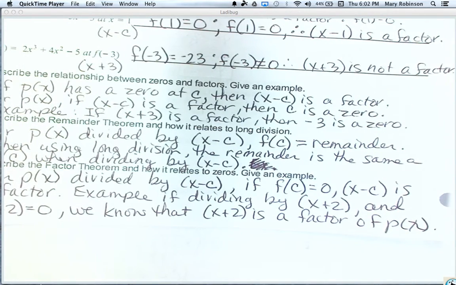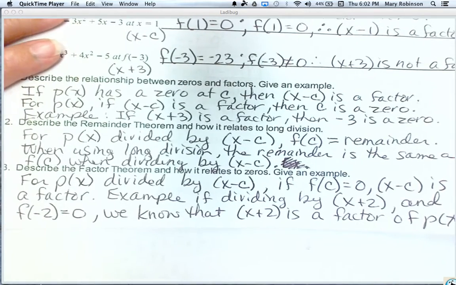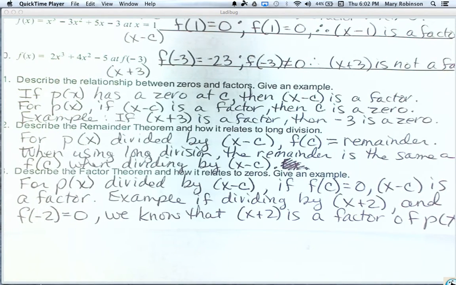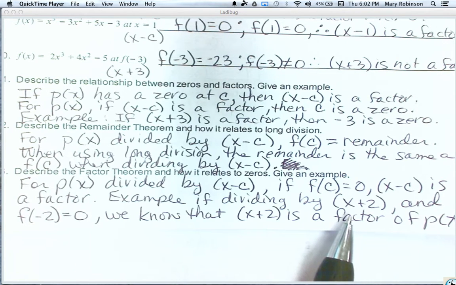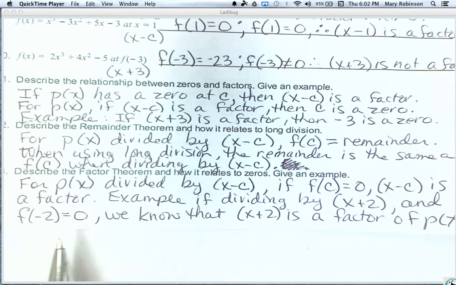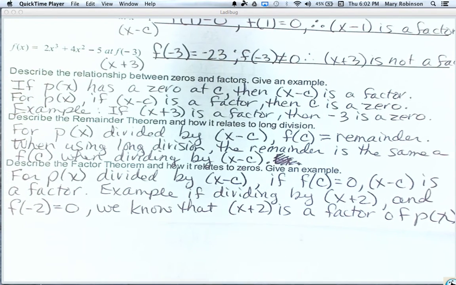For p of x divided by x minus c, if f of c equals 0, x minus c is a factor. So in other words, if we divide by x plus 2, but then we evaluate f of negative 2 and we get 0, then we know that x plus 2 is a factor of the polynomial p of x.